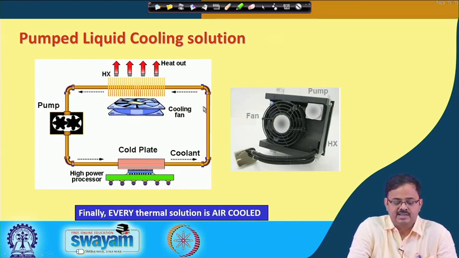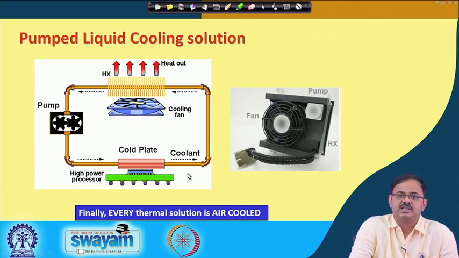In fact, this adds, however tiny, to the overall thermal resistance, because these are in series. There is a convection resistance for the liquid, and then there is a convection resistance because of this air cooled heat exchanger. If you had put the air cooled heat exchanger directly on the CPU, you would have been able to reduce the thermal resistance.